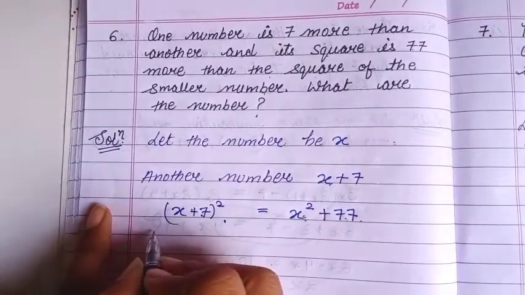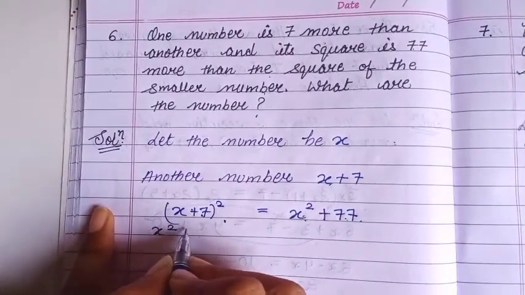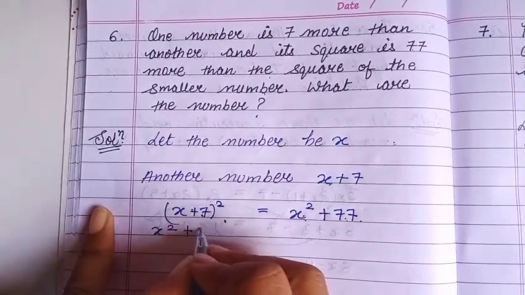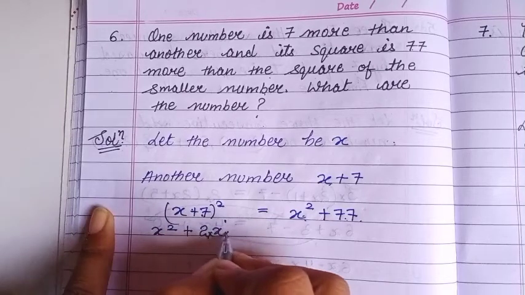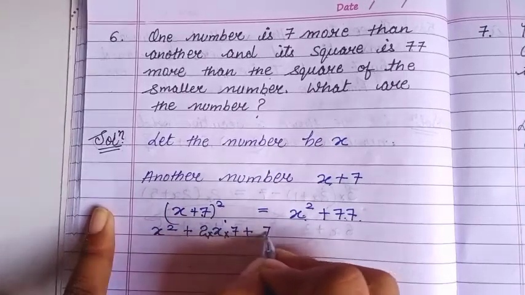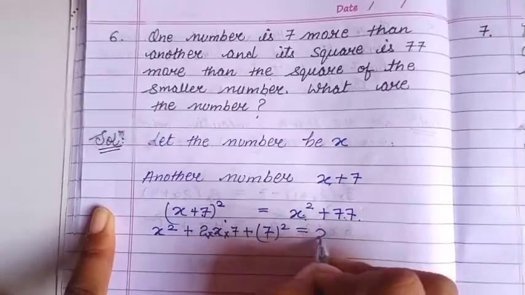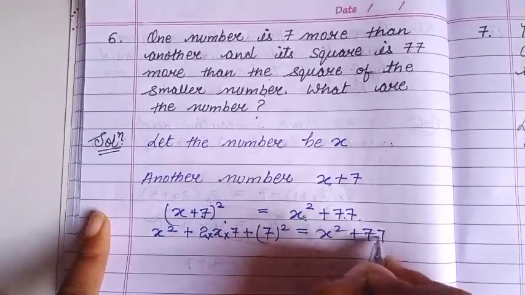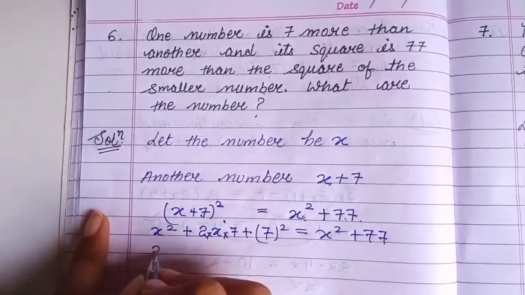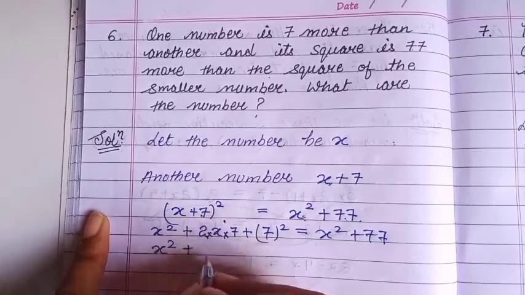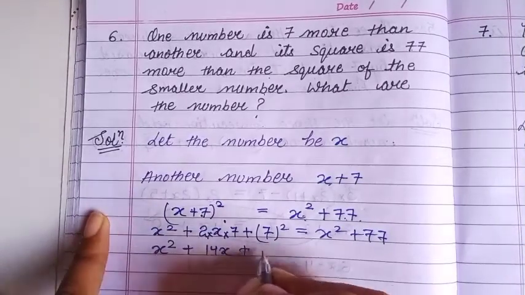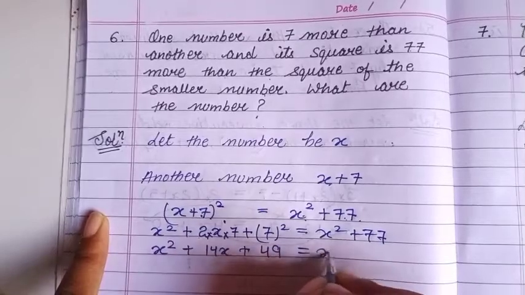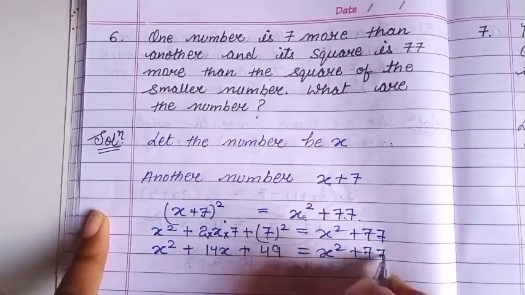So we use the formula: a square, which is x square, plus 2ab, 2 into x into 7, plus b square, which is 7 square, equals x square plus 77. x square plus 7 2s are 14x plus 7 7s are 49 is equal to x square plus 77.